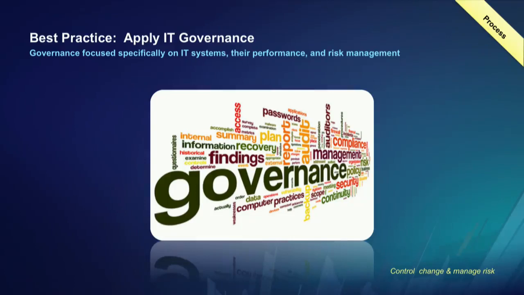IT governance can ensure that solutions are built and managed properly within the IT landscape. IT governance is about aligning technology with business needs and risk management. IT governance not only identifies what needs to change in your organization from an IT perspective, but it also helps control how that change occurs.